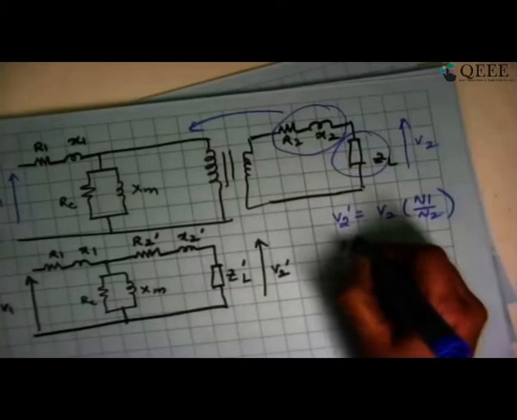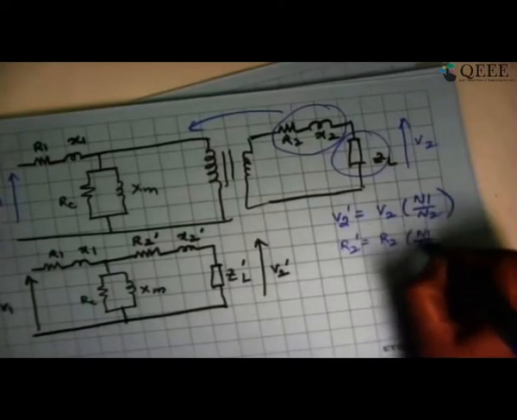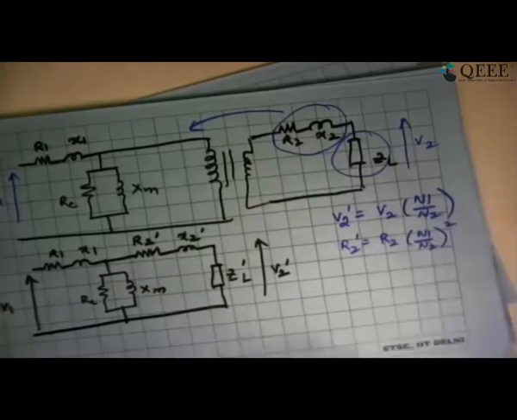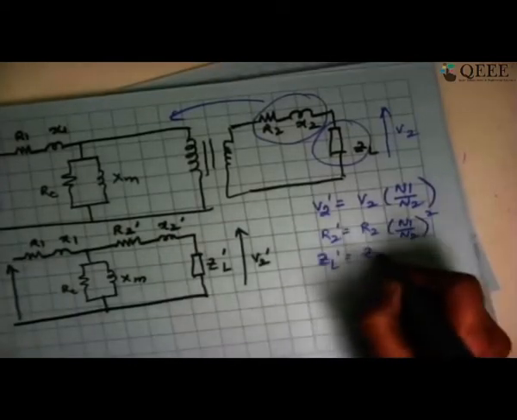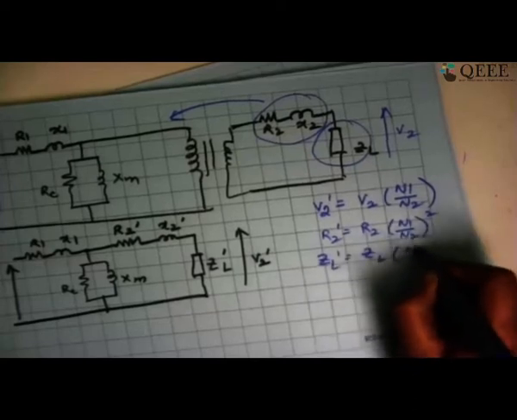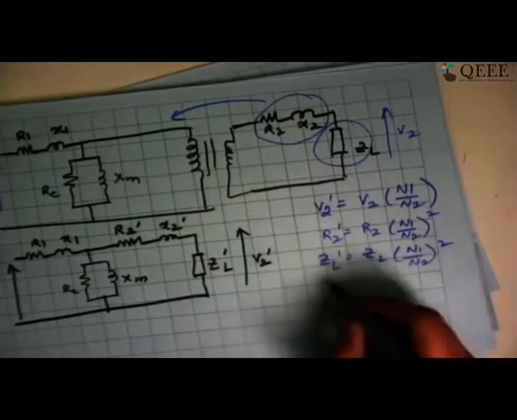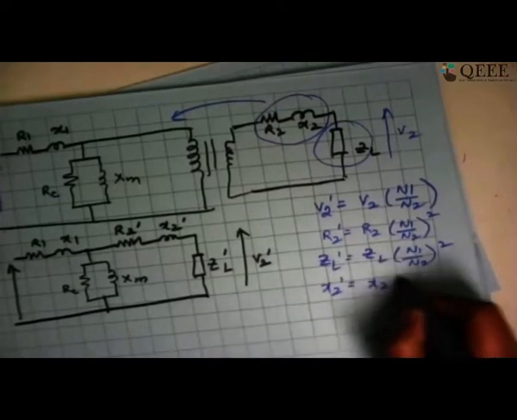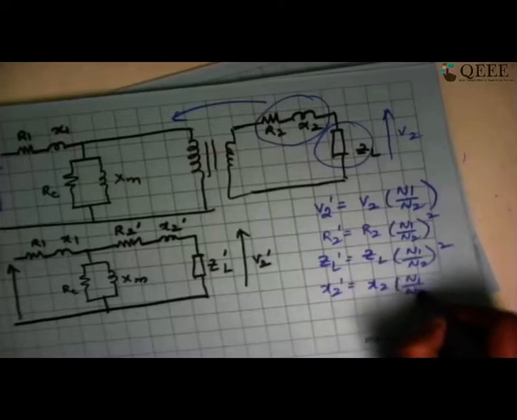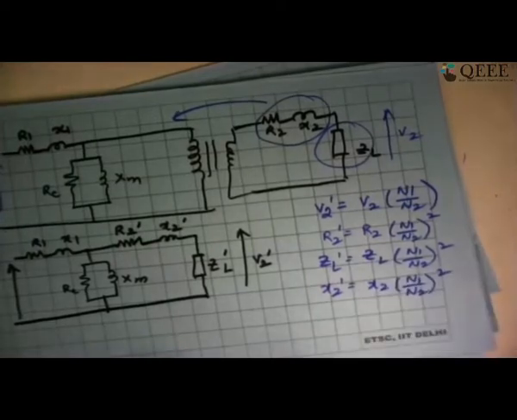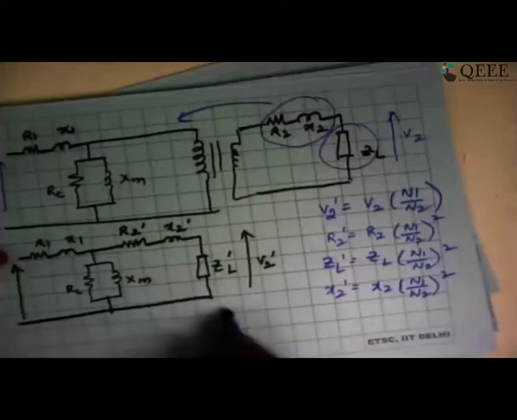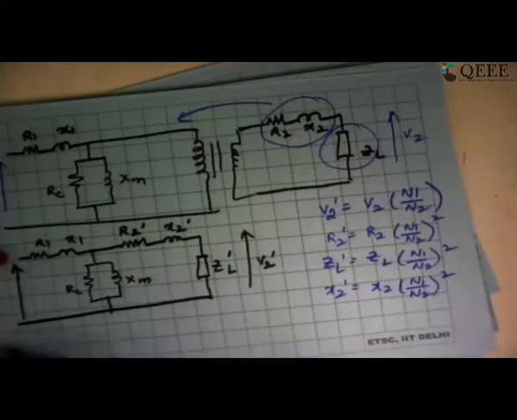R2 dash is going to be equal to R2 multiplied by N1 by N2 the whole square. ZL dash is going to be equal to ZL multiplied by N1 by N2 the whole square, which we just derived. And X2 dash is going to be X2 multiplied by N1 by N2 the whole square. So this becomes my overall equivalent circuit of the transformer.